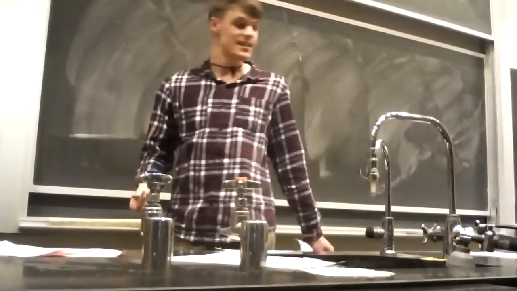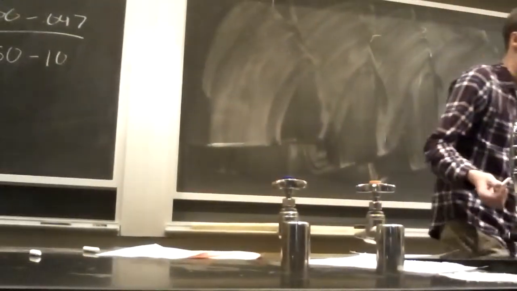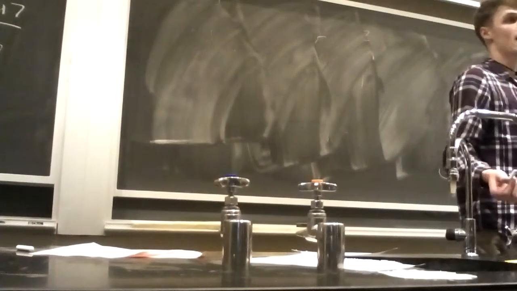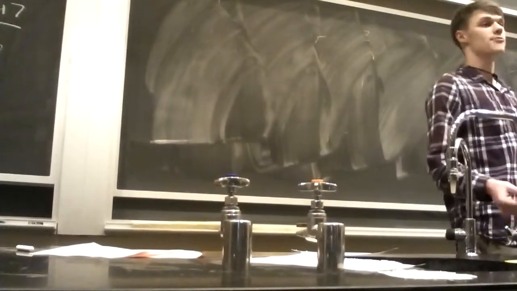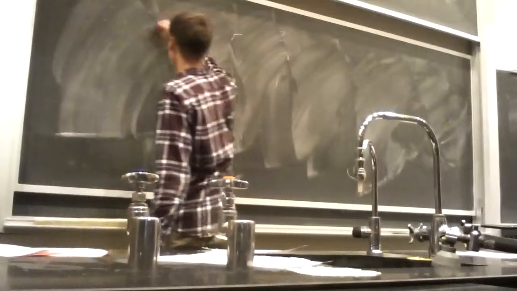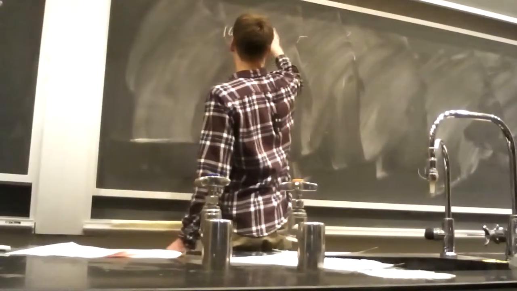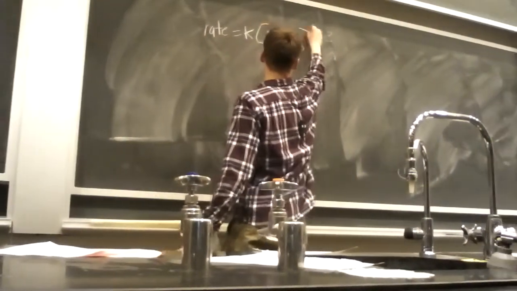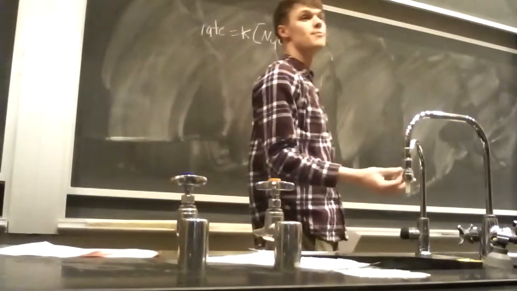So I look at it and I say, okay, where's the slow step? All right? On this one, the slow step is step 2. I write what the rate law should be for step 2. That's what the rate law should be.